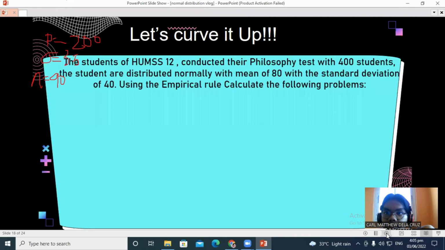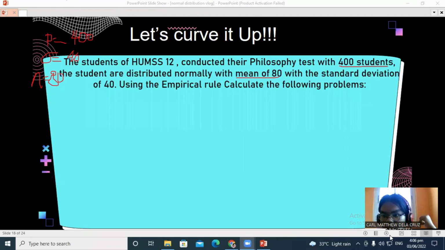Okay. So now we need to change the population, the mean, and the standard deviation. So 400 students for our population, since 400 students conducted the exam, the mean of 80 and the standard deviation of 40.